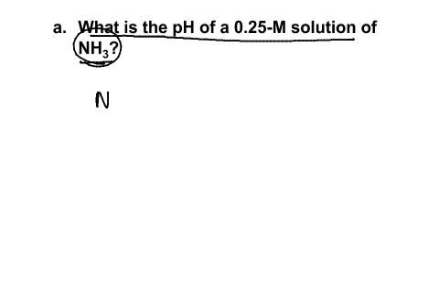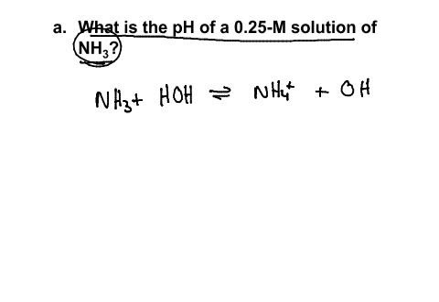So we have to write the reaction. The reaction is NH3 plus water, HOH, because it's a solution. And it makes ammonium, NH4 plus, plus hydroxide. Now this right here is a liquid, and it will not participate in the equilibrium. It's part of the reaction, but it doesn't participate in the equilibrium. So the ammonia is 0.25 molar. This will be 0 and 0.